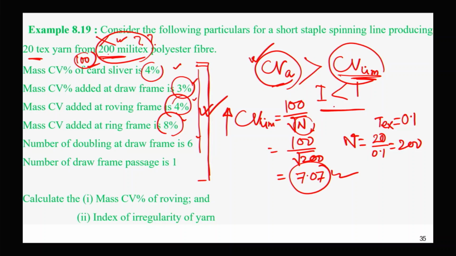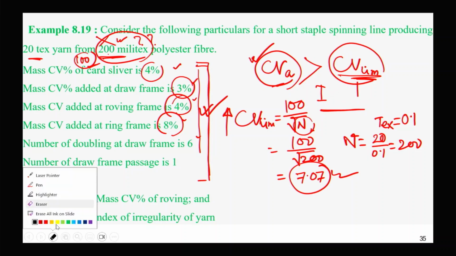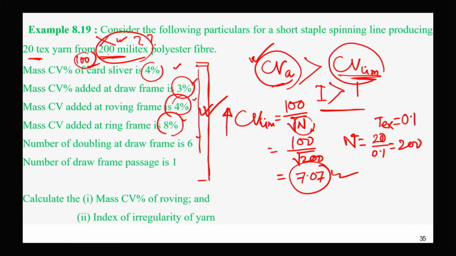So this cannot be there, because as per the definition, the index of irregularity must be more than 1, but what we got was less than 1.